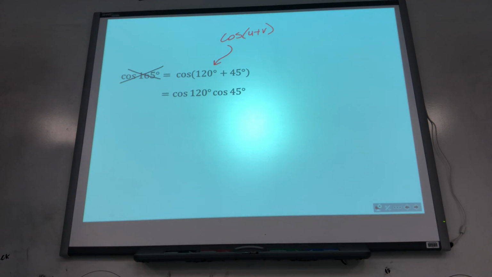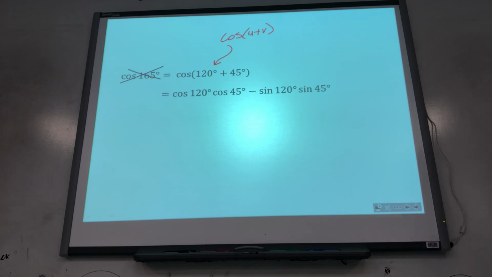So that's cosine of 120, cosine of 45. It was a plus, but remember the formula actually wants a minus. And then sine of u, sine of v. That is sine of 120 times sine of 45.